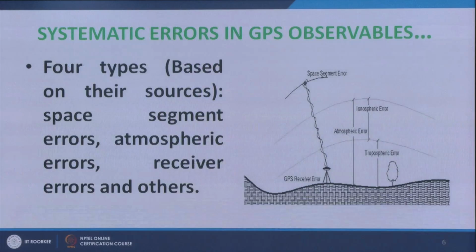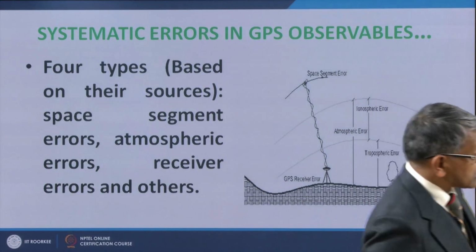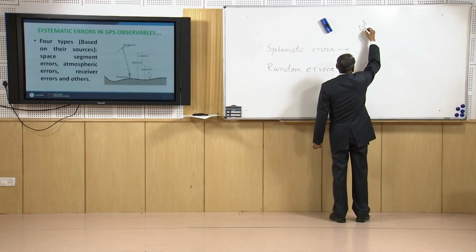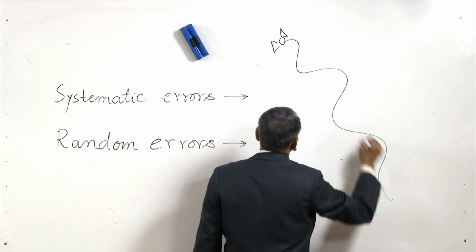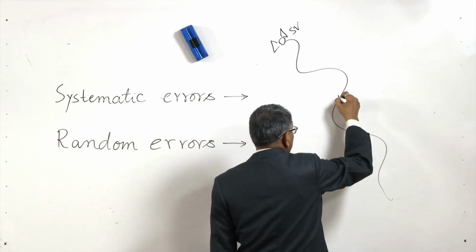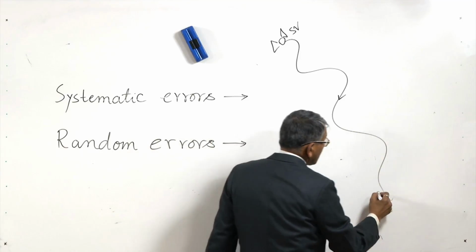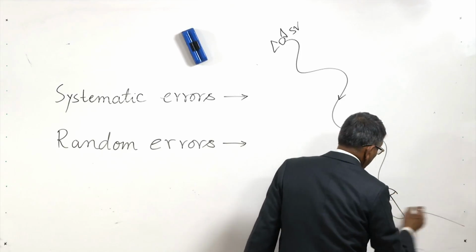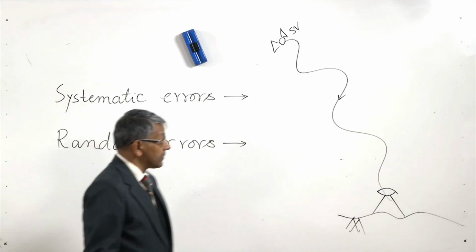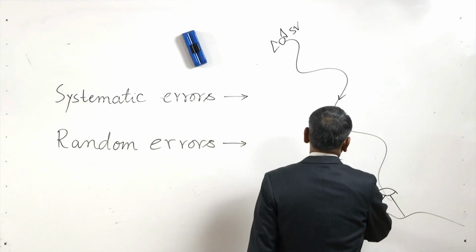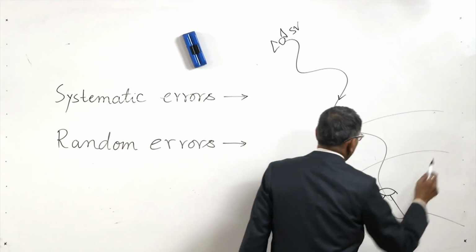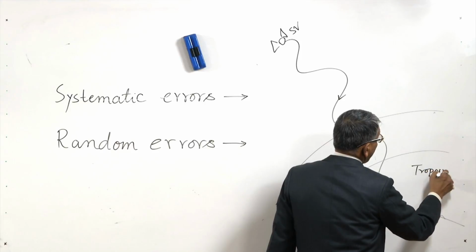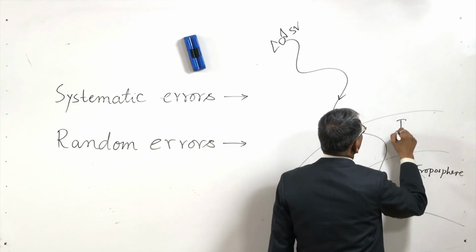Next type of errors is the systematic error. Now, for systematic error, what we see is the GPS satellite vehicles, and the signal is coming, and this is the receiver where the signal is being received, and this is the atmosphere, troposphere, and ionosphere.